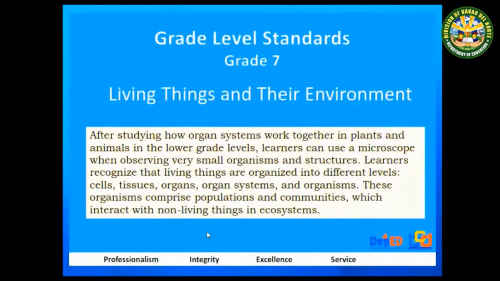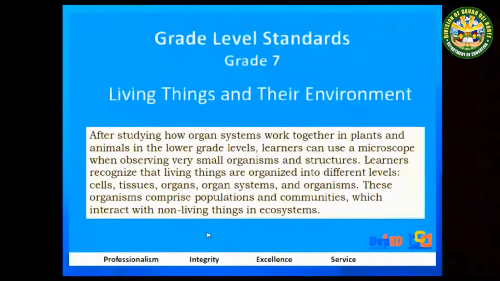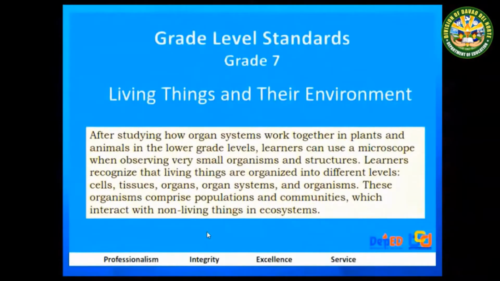Learners recognize that living things are organized into different levels: cells, tissues, organs, organ systems, and organisms. These organisms comprise populations and communities which interact with non-living things in ecosystems.